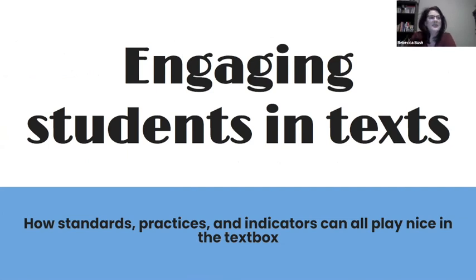Everything from the C3 framework to the state social studies standards and an awful lot of literacy standards as well. We're going to talk about how there are standards and practices and indicators, and that they can all kind of play nicely together in the text box.